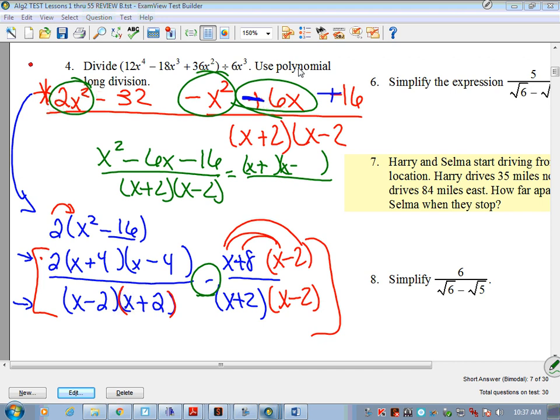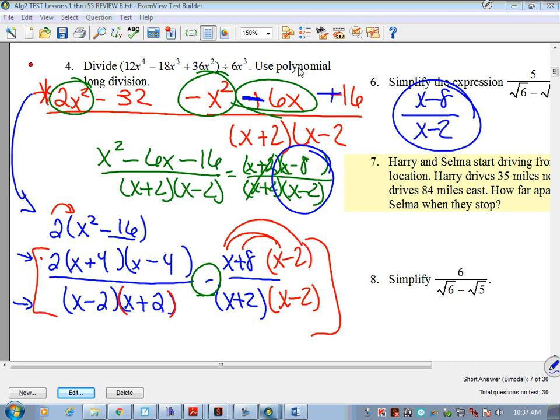So if we have a negative 8 and a positive 2, and we have that all over x plus 2 and x minus 2, what we should notice is that my x plus 2's are going to cancel out. And for question number 3, we wind up with a final answer of x minus 8 over x minus 2. So I apologize for how crazy that looks, but sometimes when making these videos, you have limited space.